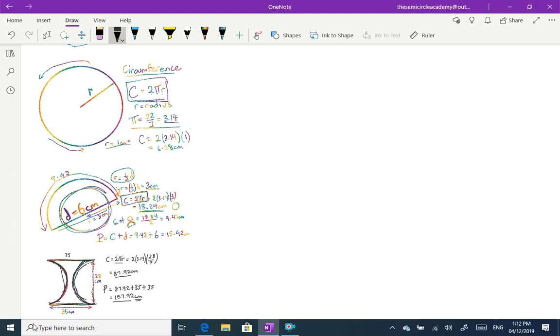And then we have non-polygons, which are essentially circles or semicircles or anything with curves in them. And we will have to use one formula, the circumference of a circle being 2 pi r. And please remember that r, the radius, is half of the diameter, right?